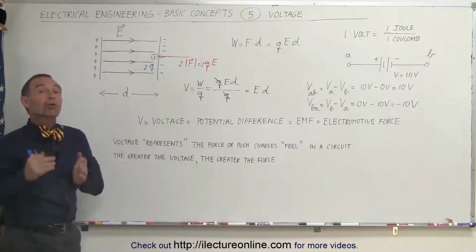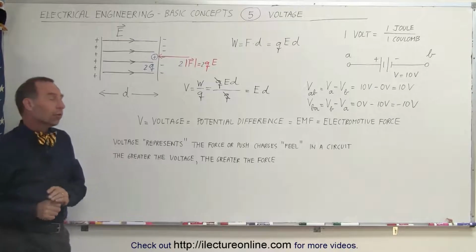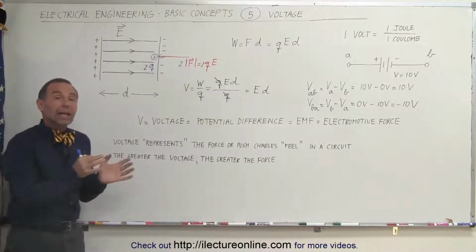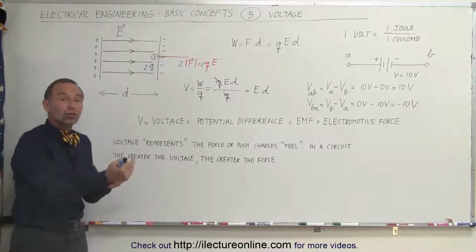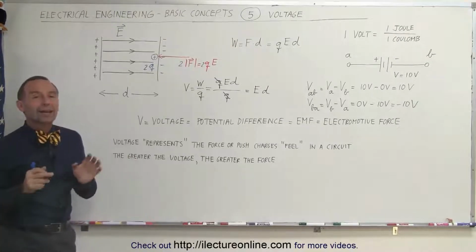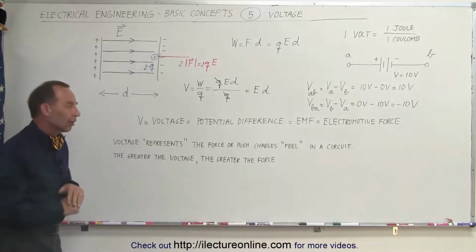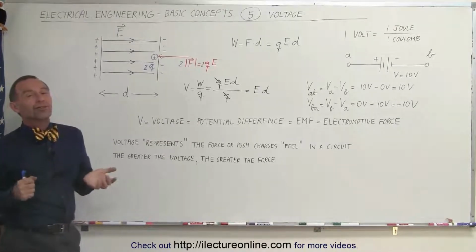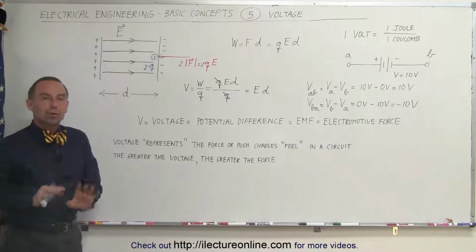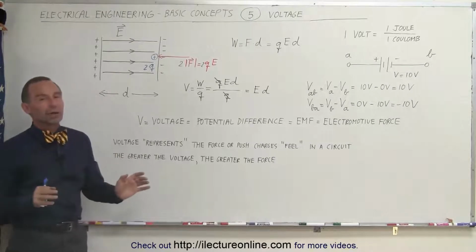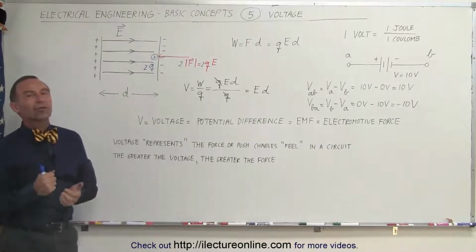And that's why very large voltages can be very dangerous, because large pushes can actually become dangerous when you get near that. Charges may get pushed through your body if you touch a circuit and the potential difference of the voltage is very large. Again, voltage, think of it as that thing that pushes charge through circuits. The bigger the voltage, the bigger the push, and that's a good place to start.